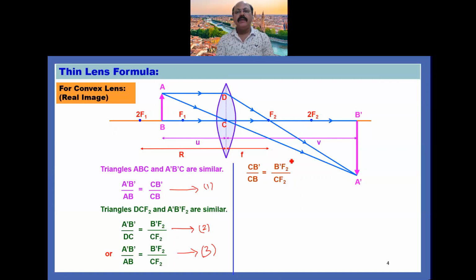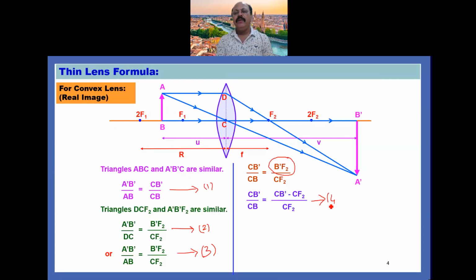Now B dash F2 can be written as CB dash minus CF2, because all distances we have to measure from the optical center. Substituting this, you will get CB dash upon CB equal to CB dash minus CF2 upon CF2. Mark this as equation number 4.